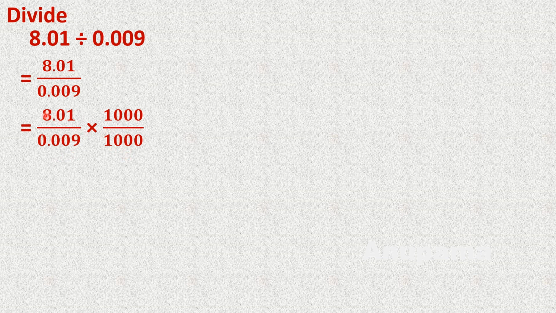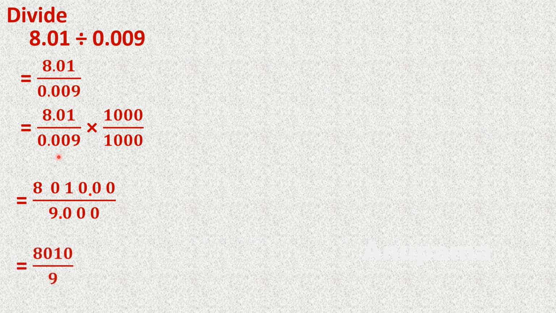Now we will multiply this numerator part and this denominator part. So what will we get here? We will get 8010.00 in the numerator and in the denominator we will get 9.000, or we can write it like this, 8010 by 9. Now it is very simple to do.